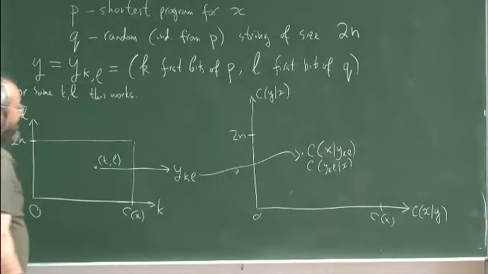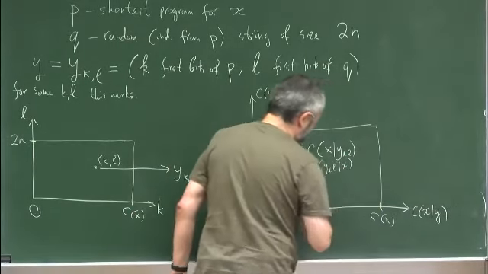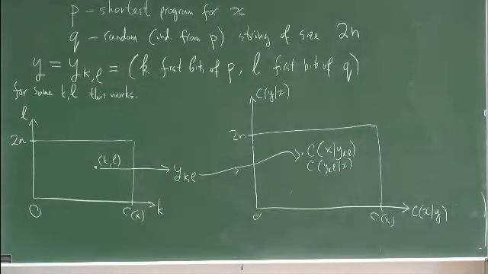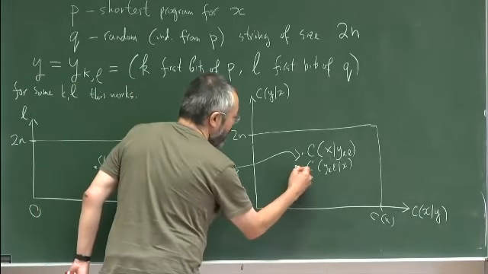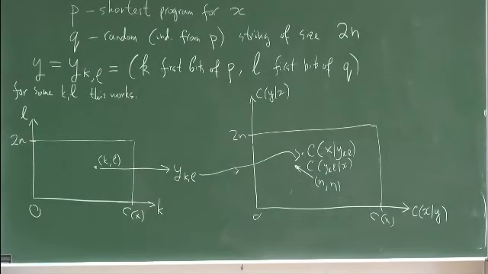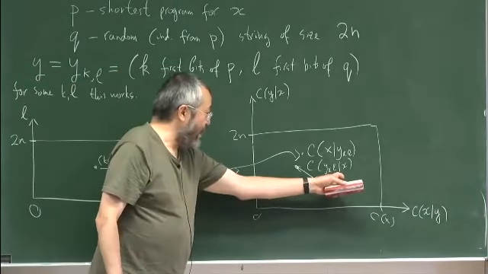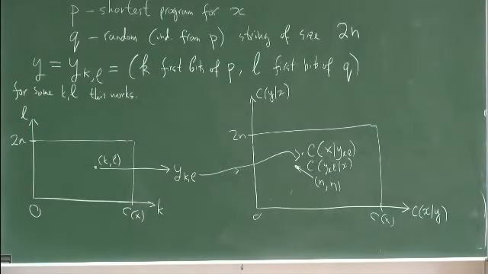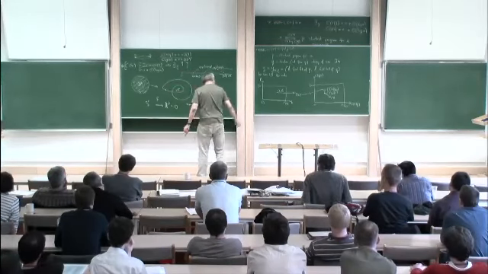So we have the same rectangle. And what we need to show is that this mapping covers the point (n, n). This is the point we want to achieve, and if for some K and L we get within O(1) of (n, n), that's all we want. And now we are exactly in the discrete framework like this.